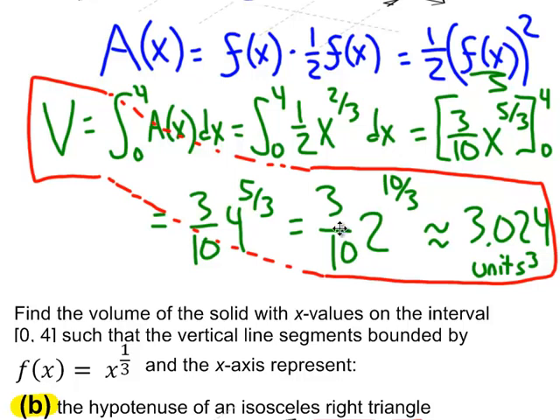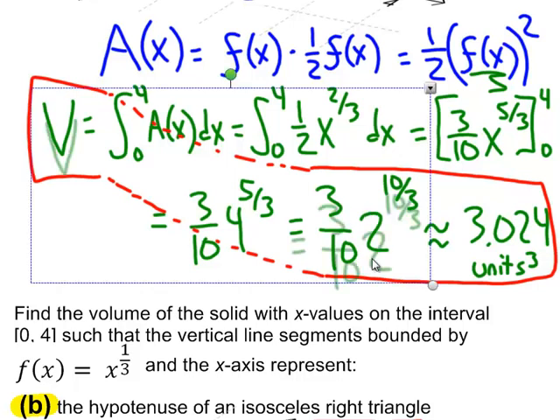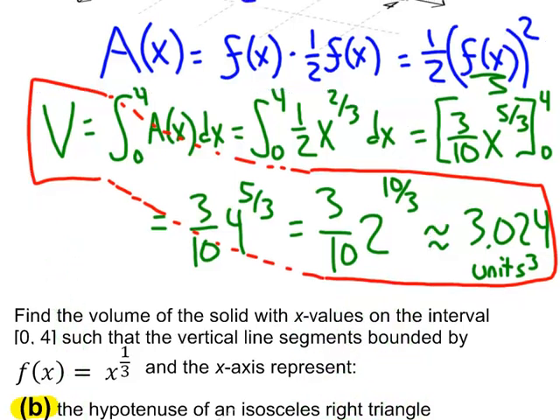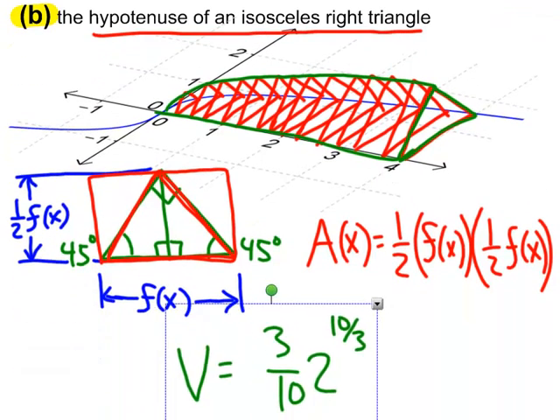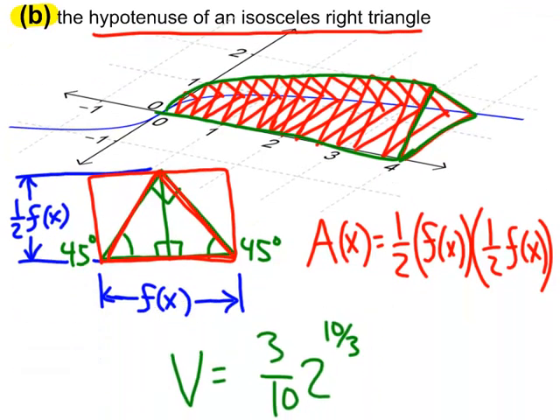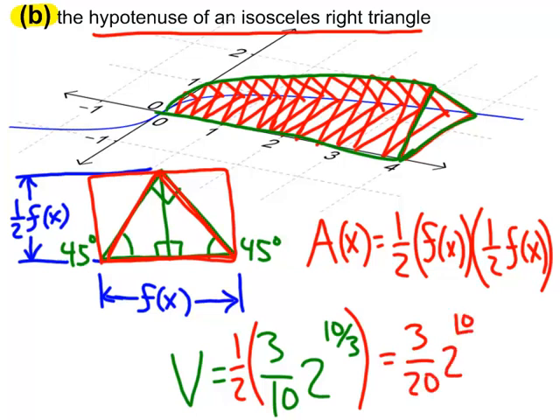So rather than just repeat all those steps again, I'm just going to drag this result from the previous part A down to where we're working. Okay, here we are. And we'll just insert a 1/2 in there. So we'll get 3/20, 2 to the 10/3.